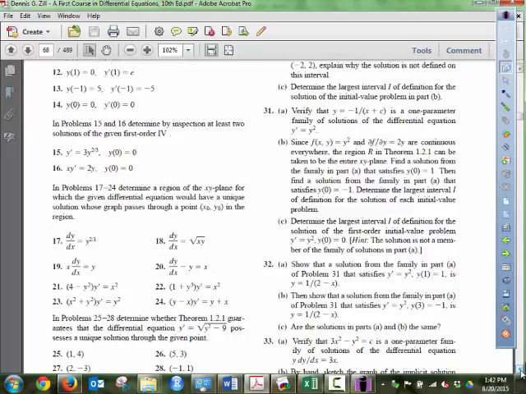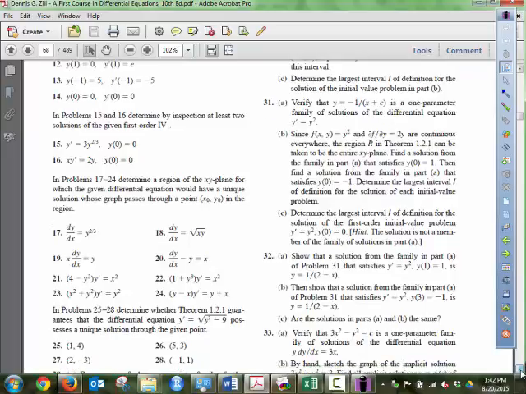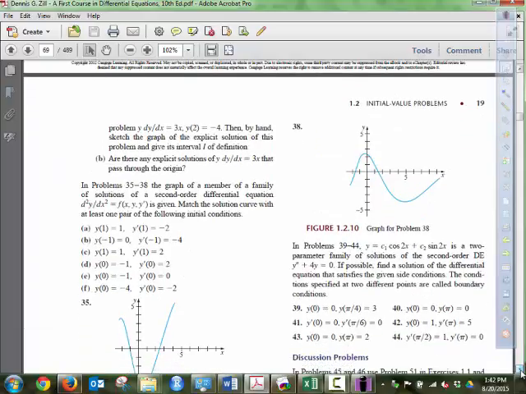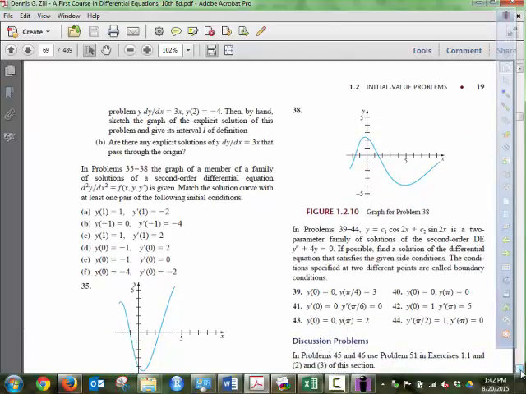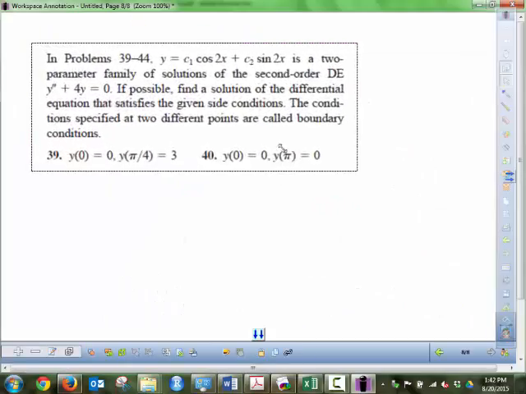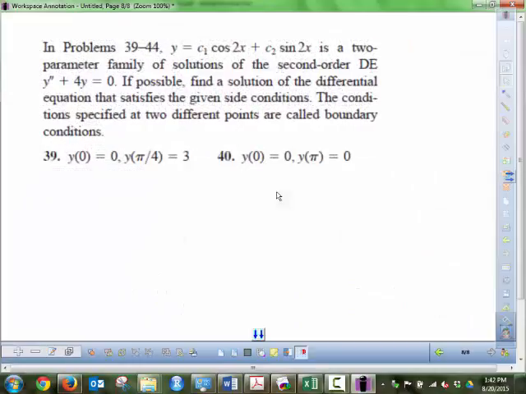Which one? 39. 39? Yeah. All right, let's do one of those. Let's do number 39.